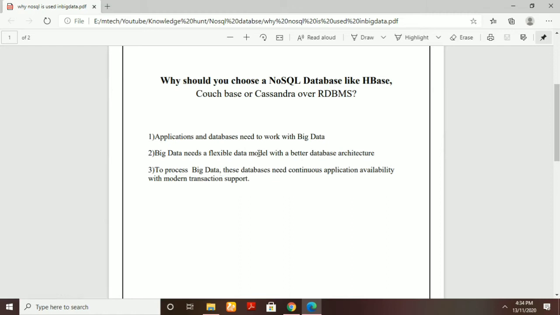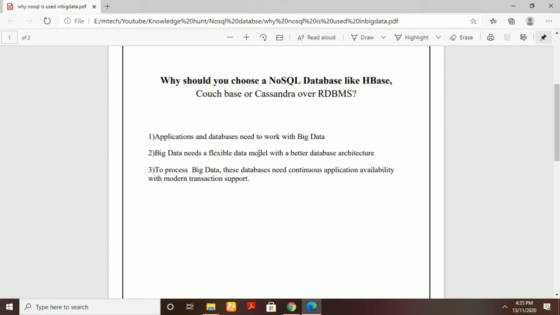Big data needs a flexible data model with a better database architecture, because to update or manage the data, the data structure or the database should be more resilient, as well as determined and consistent, and it should be flexible. To achieve all these features, we have to use NoSQL.